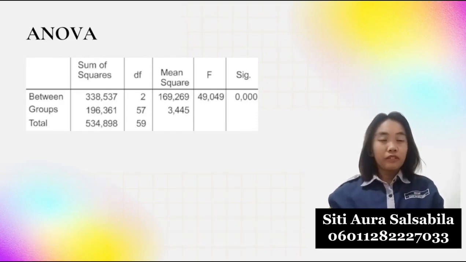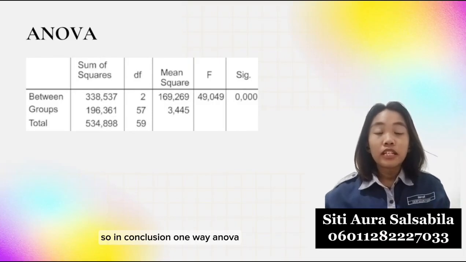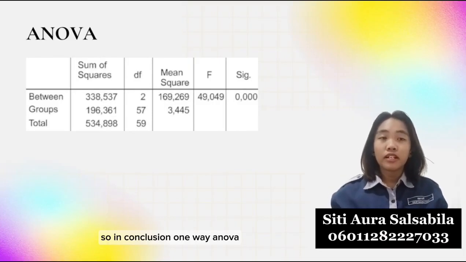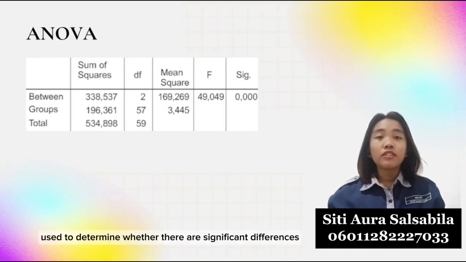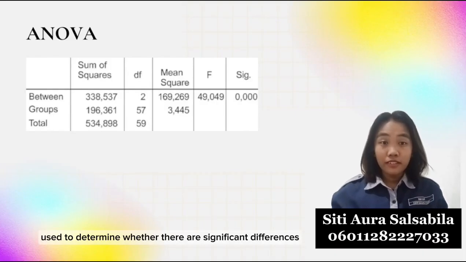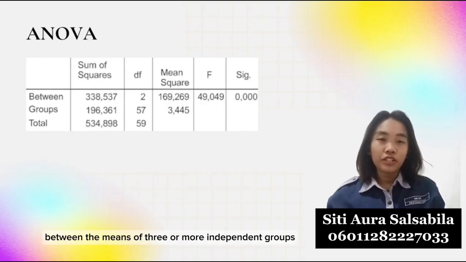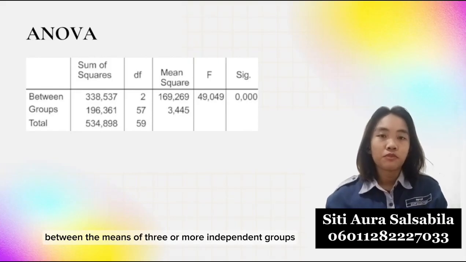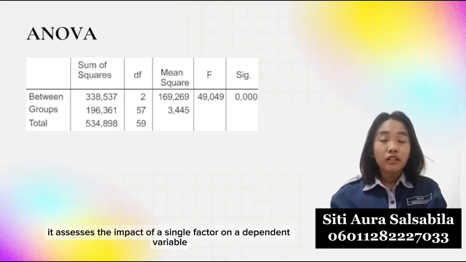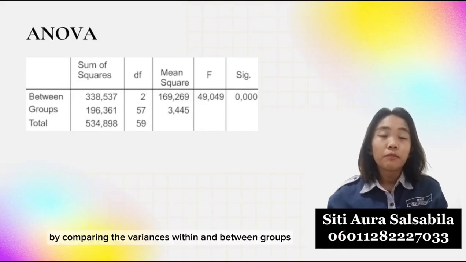So that we come to the conclusion. So, in conclusion, one-way ANOVA is a statistical method used to determine whether there are significant differences between the means of three or more independent groups. It assesses the impact of a single factor on a dependent variable by comparing the variances within and between groups.